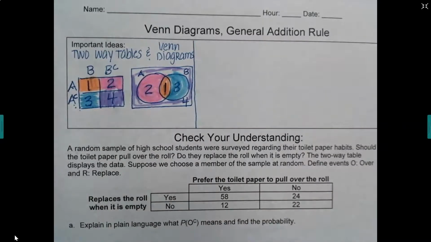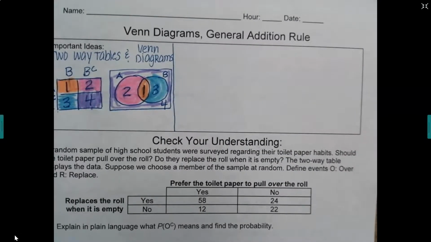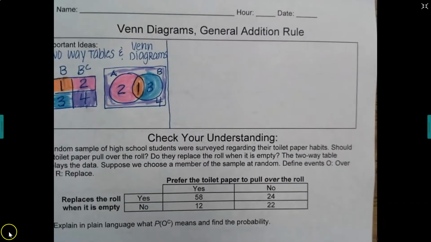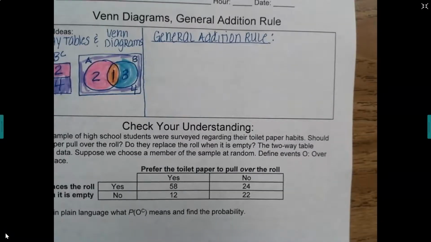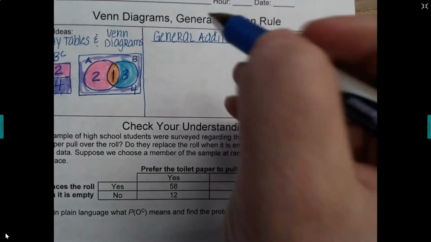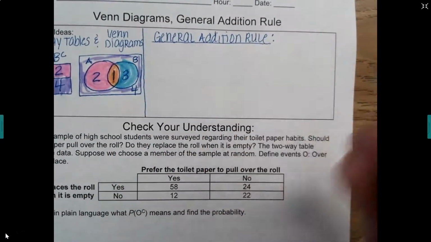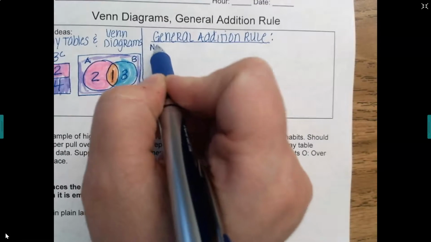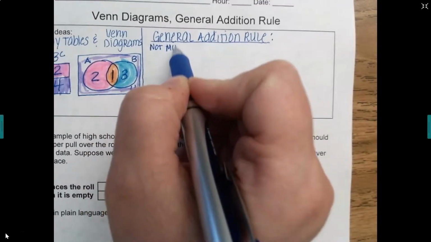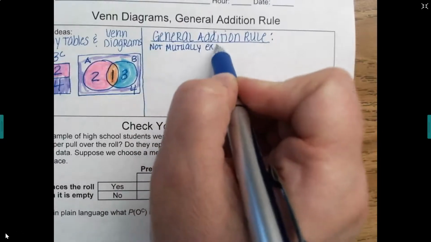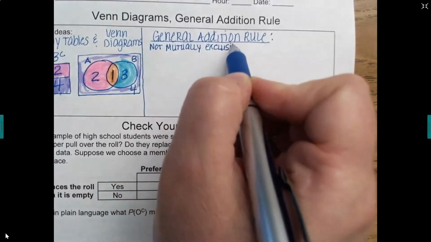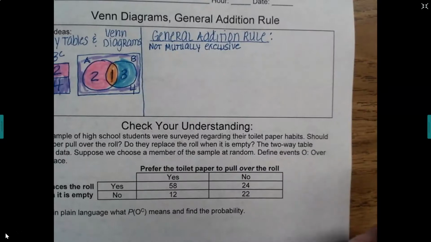All right, the other thing I wanted to do is bring together our two discussions on the general addition rule. So today when we talked about not mutually exclusive events, we have to remember there's people in both categories that we're adding together.